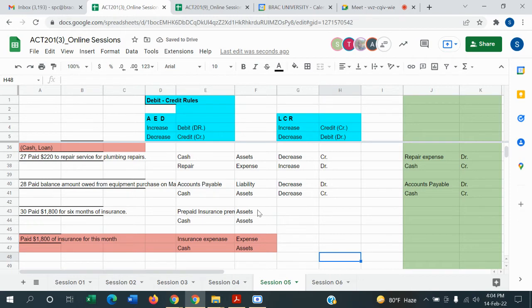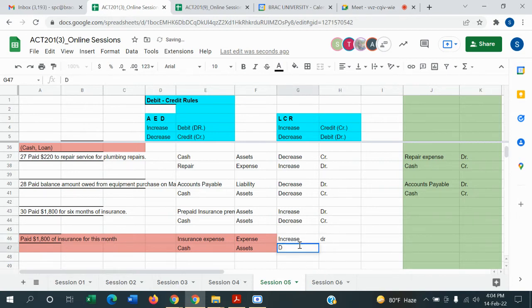So prepaid insurance, as you have mentioned, it's an asset. How is it changing? Prepaid insurance will increase. Cash will decrease. So asset increase must be debit, asset decrease must be credit. Similarly, if you consider the expense for this month, if expense increases, it should be debit.